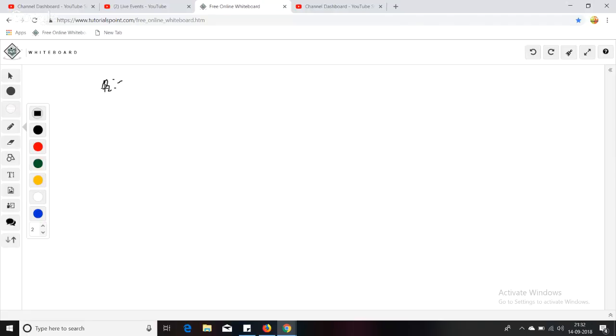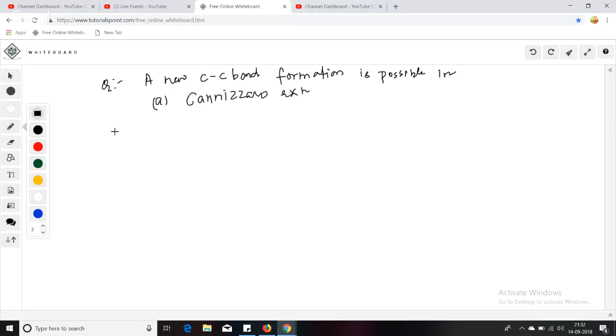The question is: a new carbon-carbon bond formation is possible in which option? First option, Cannizzaro reaction.